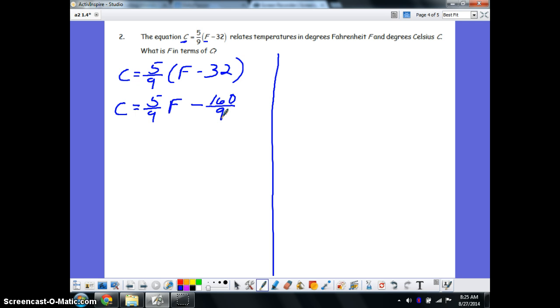And then we solve this equation like we normally would. The next step would be to add 160 ninths to both sides. And when we do that, we cannot combine these two because they're not like terms, so we leave them separate.